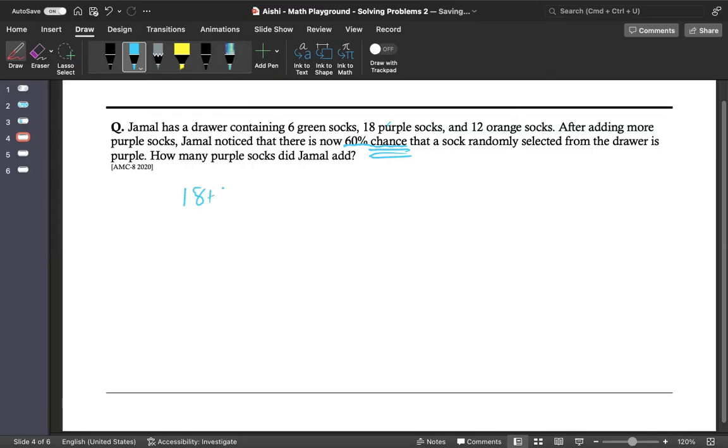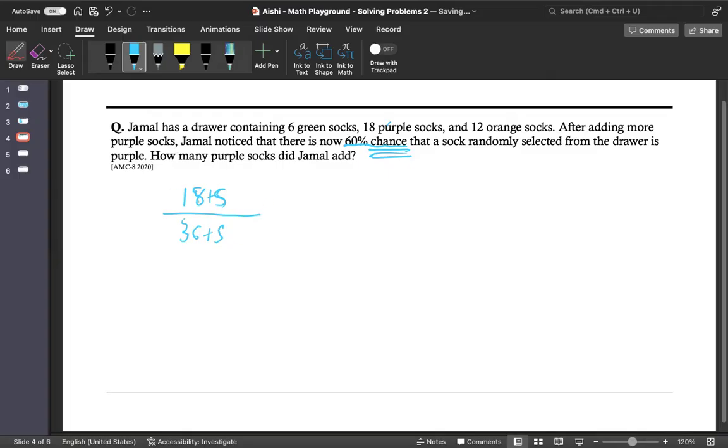So, 18 plus s out of 6 plus 18 plus 12, which is 36, so 36 plus s.